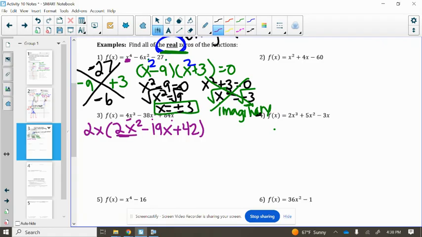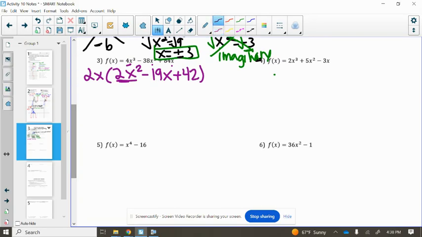We now have a 2x squared. So a reminder, when it comes to factoring now, you're looking for what multiplies to be a times c, so 84, and adds to be that middle term of negative 19. And that ends up being negative 12 and negative 7.